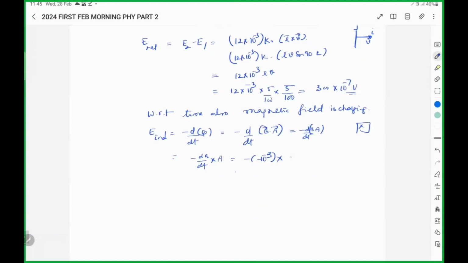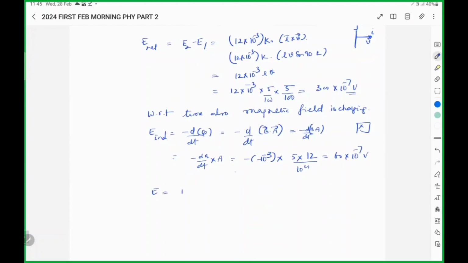Area is 5 into 12 by 10 power 4. It is again 60 into 10 power minus 7 volts.